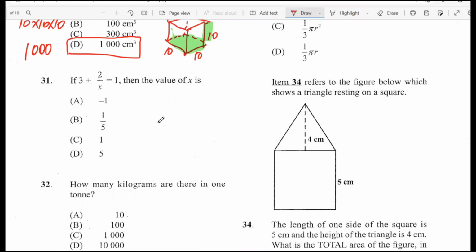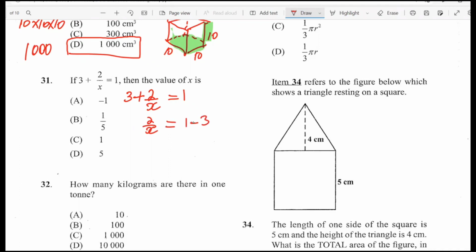Question 31. If 3 plus 2 over x is equal to 1, the value of x is what? We're going to be solving this ordinarily. We have 3 plus 2 over x, which is 1. We could simply subtract the 3 from both sides. So 2 over x is equal to 1 minus 3.